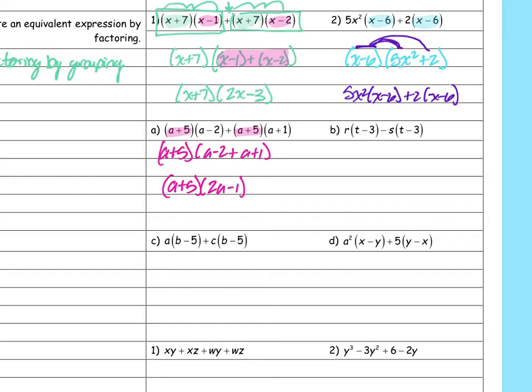And then the second problem, my common factor is t minus 3. So I would factor out t minus 3, and I get left with r minus s. And part C, the third problem, I have b minus 5 as my common factor.